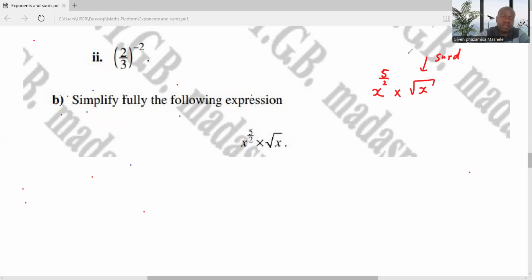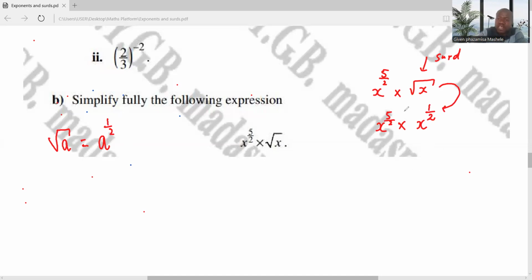I spoke about it: whenever you have the root of any expression, that expression is the same as a to the power of half. So we change this to x to the power 5/2 multiplied by x to the power of half. So I've changed a surd to an exponential form.